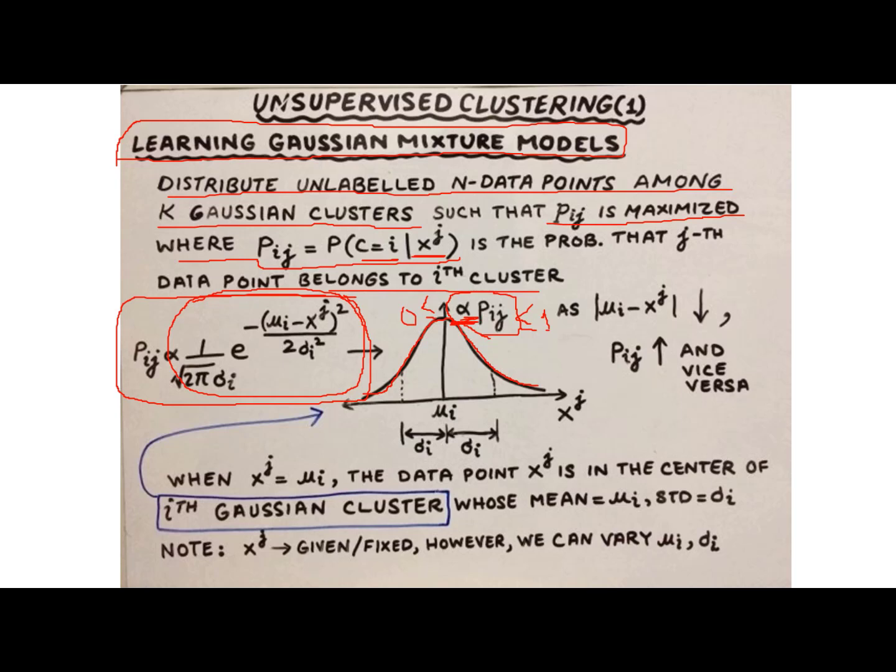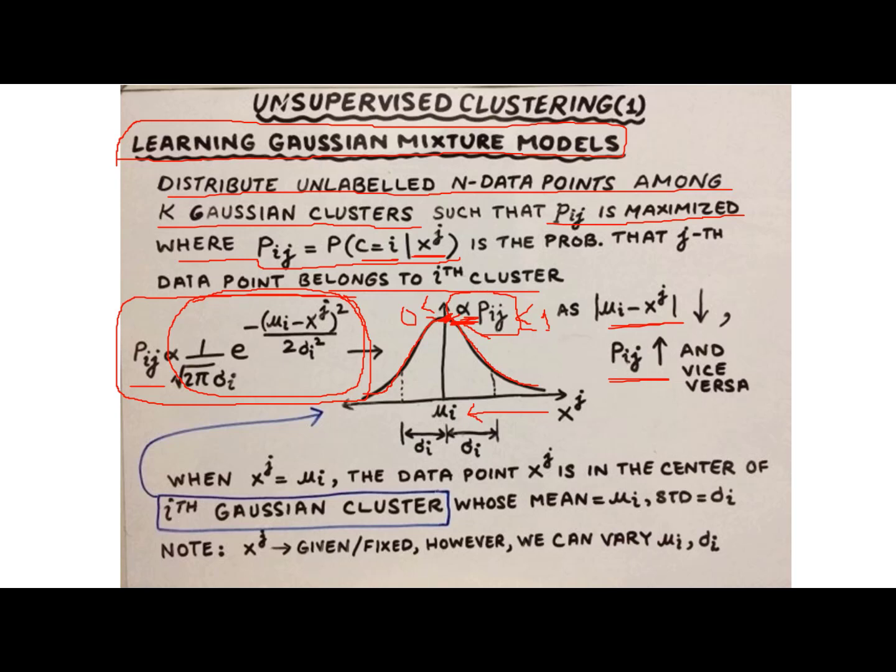Anyway, this probability Pij will have a higher value if the data point xj is closer to the mean. So here you can see that the maximum value of this probability is achieved when xj approaches the mean value of the Gaussian random variable.